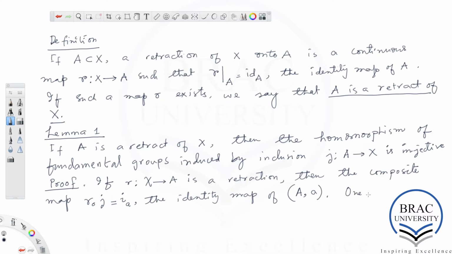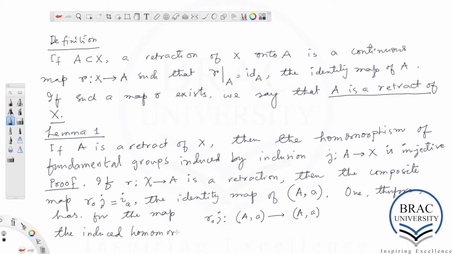One therefore has, for the map R composed with J, which is of course a map between this pointed topological space to itself, we are considering the induced homomorphism of this composite map. The induced homomorphism of R composed with J, that we know from the second lecture to be equal to R star composed with J star.